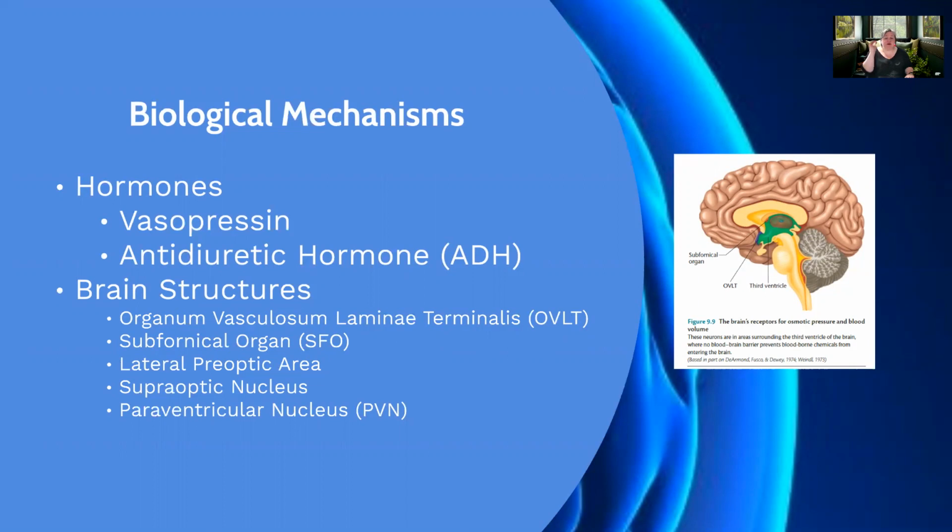The SFO in particular has a population of neurons that detect what's going on and increase thirst, but it also has a population that detects what's going on with osmotic pressure and would suppress thirst.